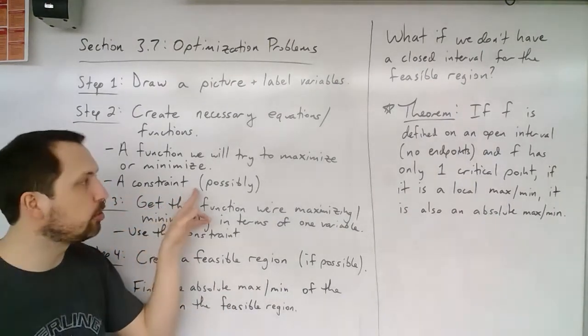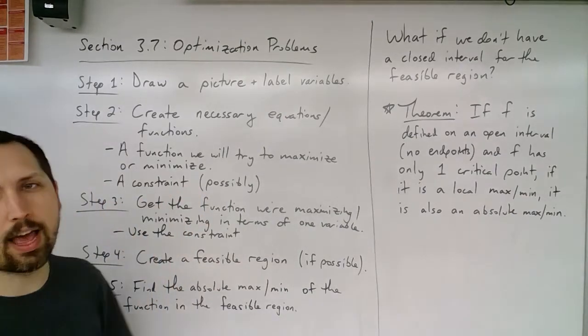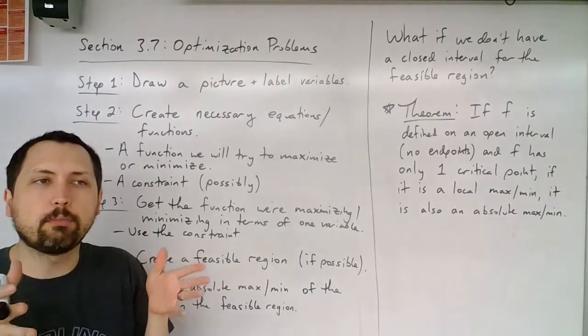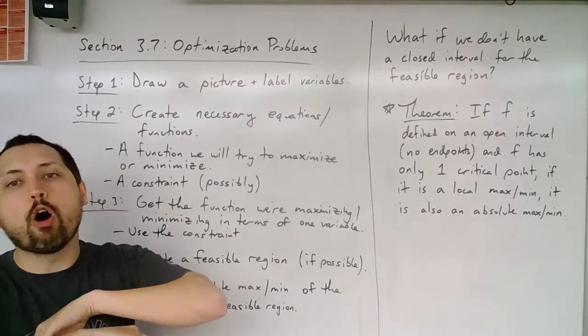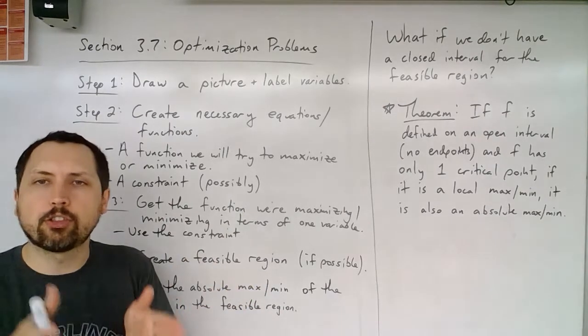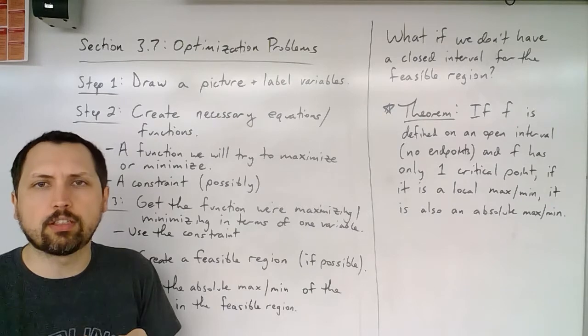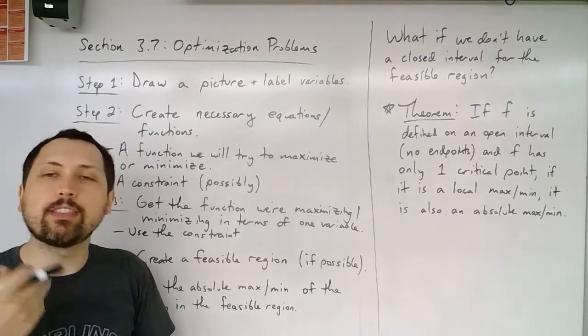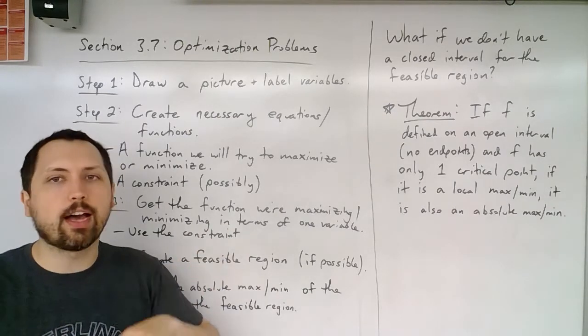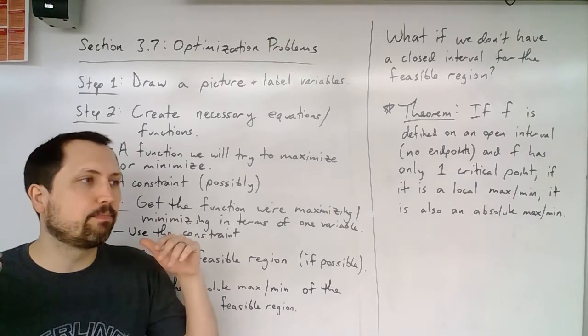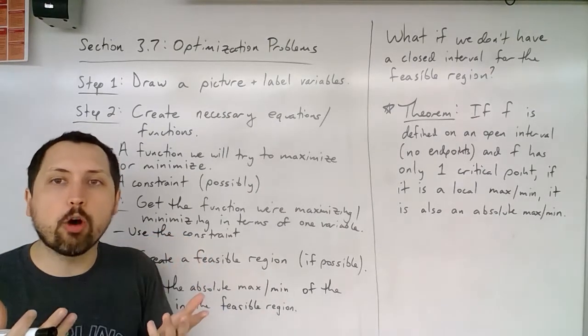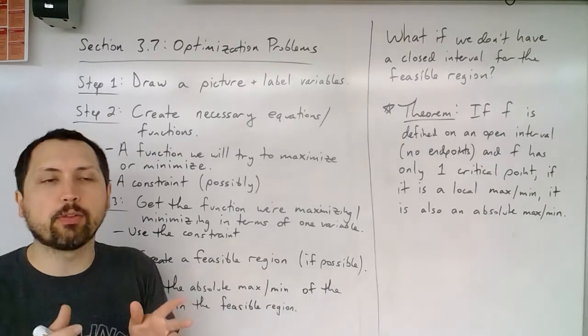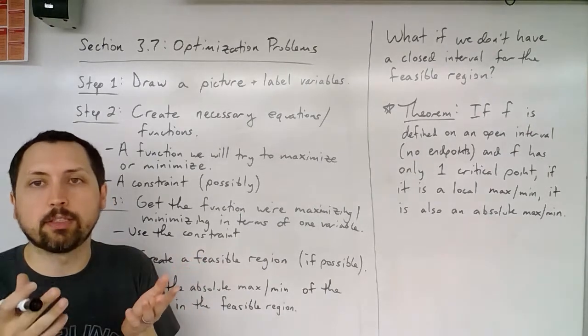And then there's going to be a constraint, potentially. Most questions will have some constraints, something that's going to be saying, I can't allow myself to have all possible values. There's something that I'm restricted to abide by. So an example might be, how do you maximize the volume of a cone if you're restricted by only having so much amount of material?